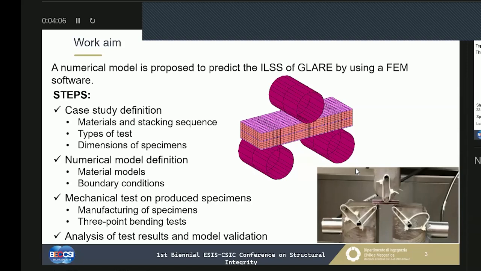We used the vacuum bagging technology, and then the experimental test that is, as I said, the 3-point bending test. Finally, there is the presentation of the obtained results in terms of the validation, so the comparison between numerical and experimental results, and the presentation also of some micrographies taken on the broken specimen.